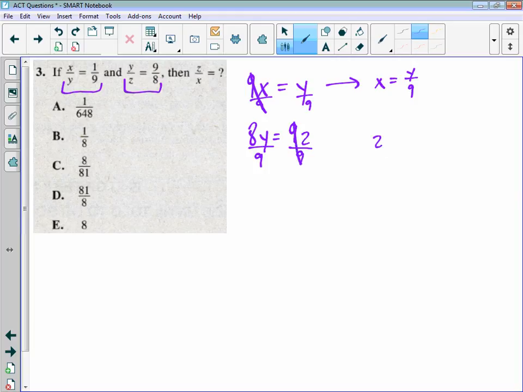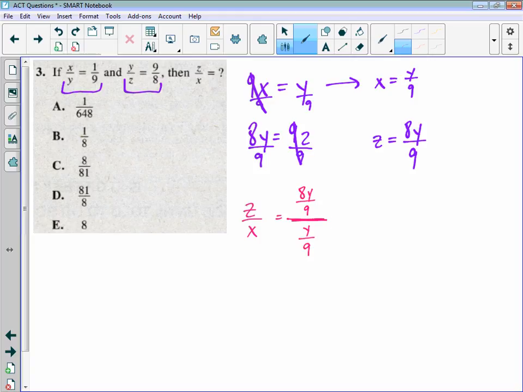So I've got z is equal to 8y over 9. And we're trying to get z over x. So z over x, instead of z, we're putting 8y over 9. And instead of x, we're putting y over 9.